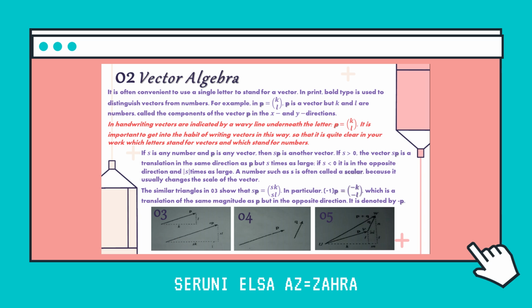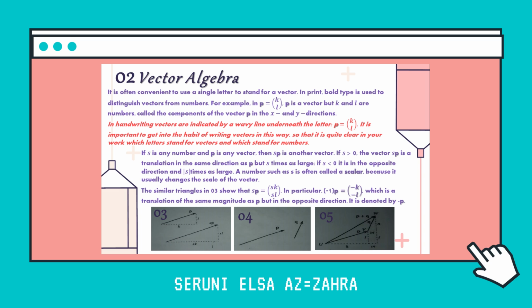It is important to get into the habit of writing vectors in this way so that it is quite clear in your work which letters stand for vectors and which stand for numbers. If s is any number and p is any vector, then sp is another vector.